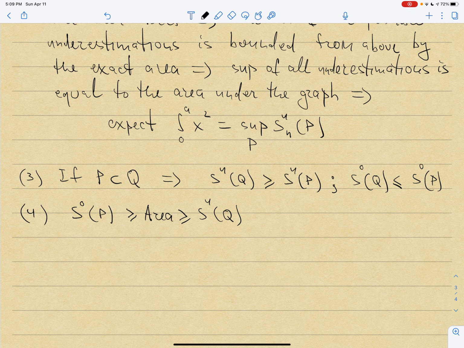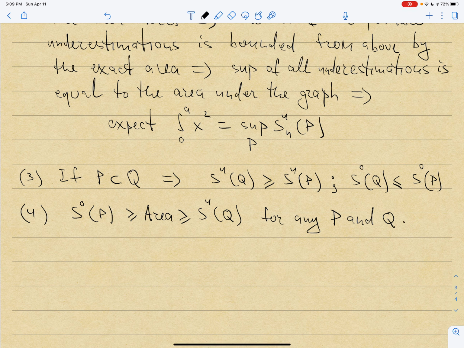That means that it doesn't matter which partitions P and Q I take: the Riemann sum that we get by using right endpoints for overestimations is always going to be greater than another Riemann sum where you're using left endpoints. So this is true for any P and Q, any two partitions of the interval from 0 to a.